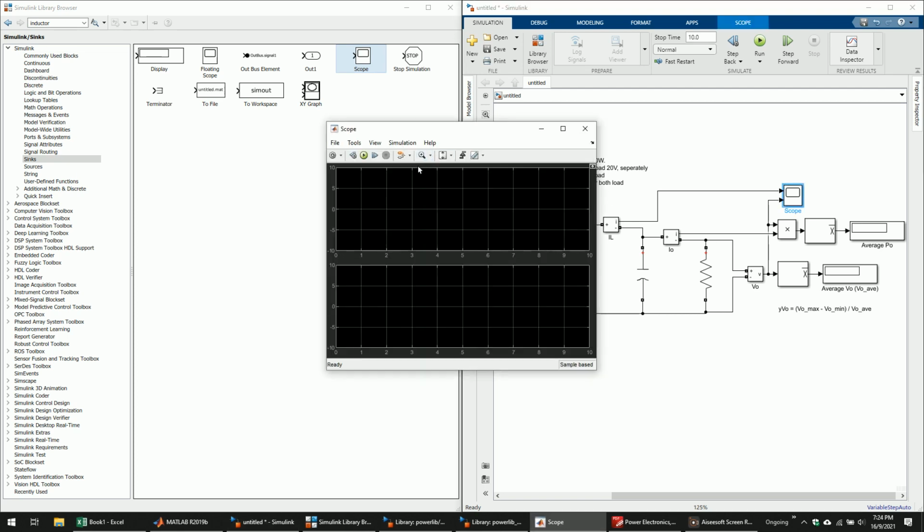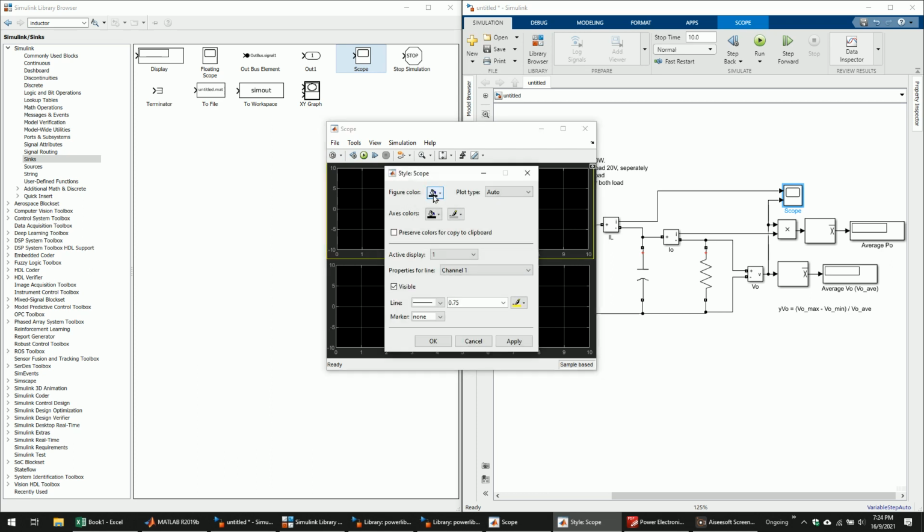And of course, this one is background is not very good, so you have to right click at the empty space here, go to style, and then change to white. Because you want to write a report, make sure change it to white, and then the color of the line should be changed to the darker one. And then how about the second? This one, the second channel, what, blue?